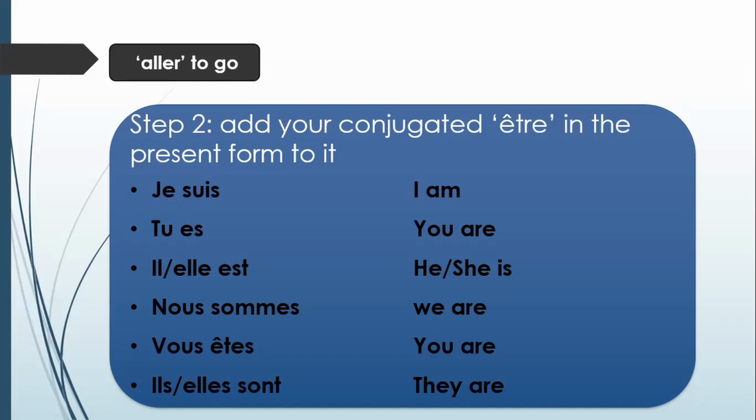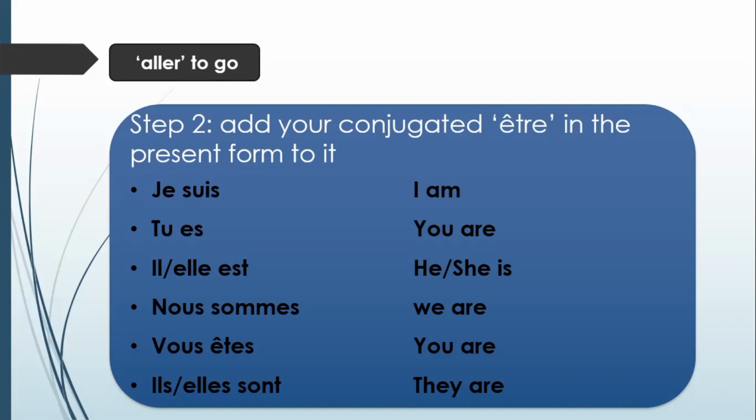We had j'ai eu, tu as eu, il ou elle a eu. So you could notice that the participle of avoir is eu, and what we use to conjugate it is the verb avoir itself, j'ai. The same thing is applicable to être.